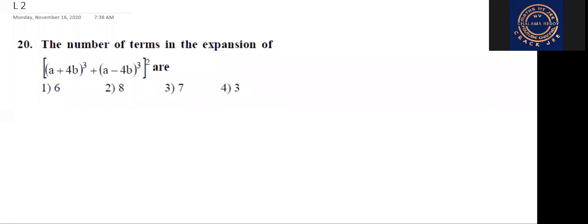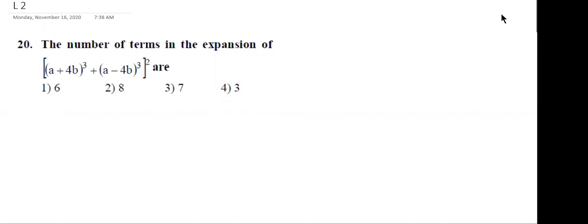See the next question, what they have given. The number of terms in the expansion of (a plus 4b) whole cube plus (a minus 4b) whole cube, whole square. Here they are asking the number of terms.